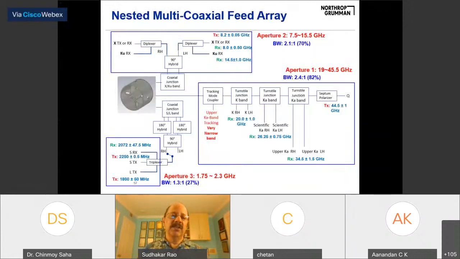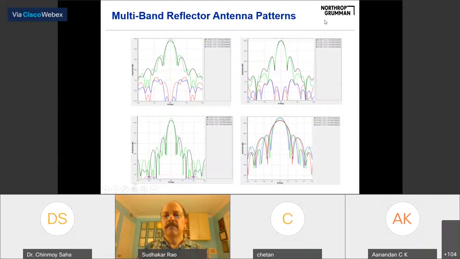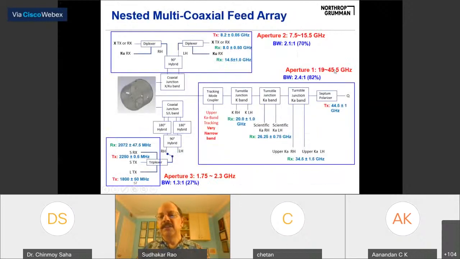So this is how it looks. We have basically 3 apertures. Aperture 1 is 19 to 45 gigahertz. Aperture 2 is 7.5 to 15. Aperture 3 is the low frequency, 1.75 to 2.3. And an added complexity is it has tracking at Ka band and other frequency bands as well.